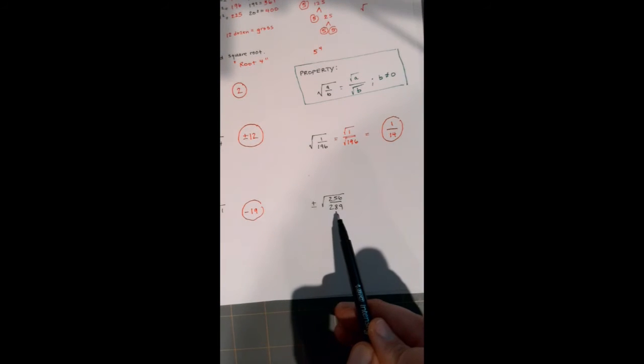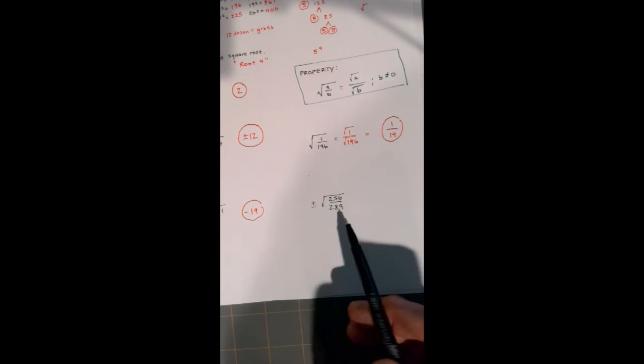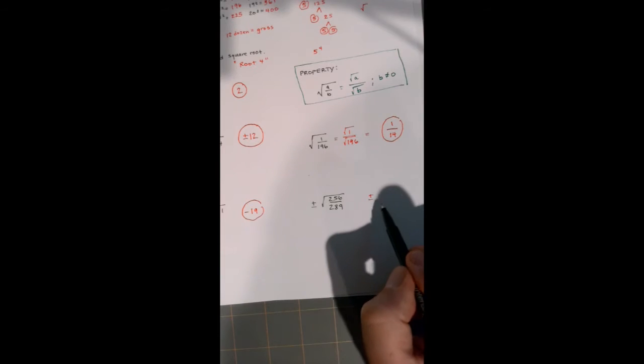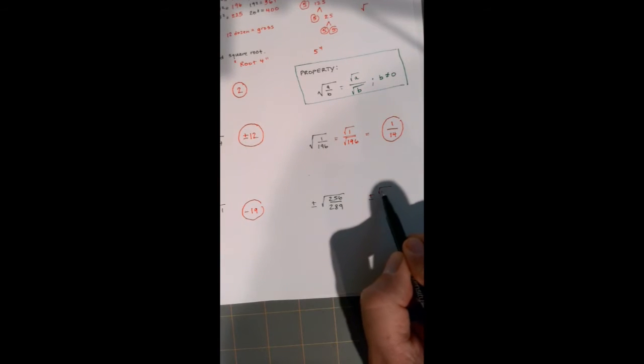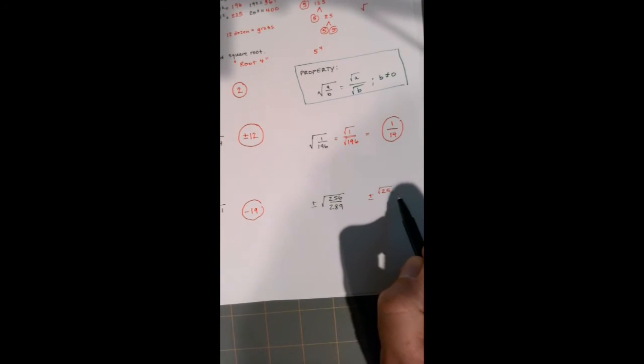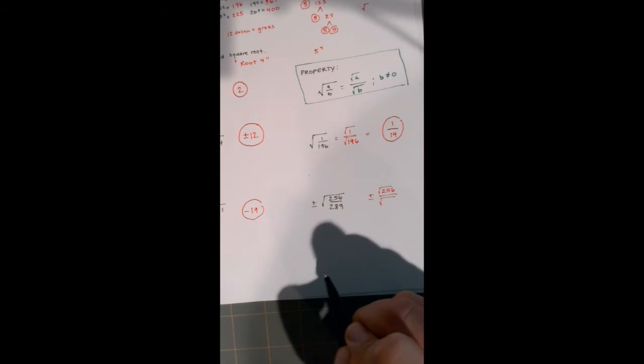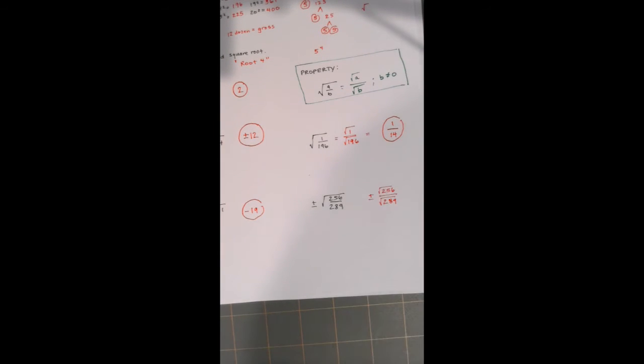So here I have root 256 over 289. Now I did tell you that I know that 17 squared is 289, but by my property, I know that's equal to root 256 over root 289, right?